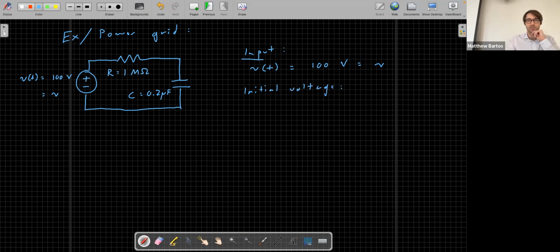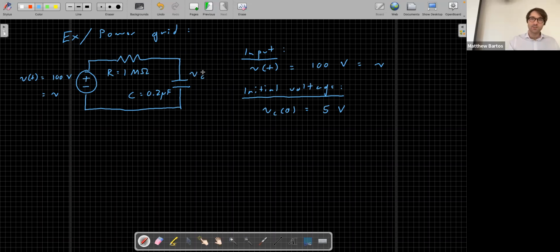The initial voltage in the capacitor at time 0 is equal to 5 volts. We're going to try to find the particular solution to this power grid system for a step voltage input. Our input to the system is the step voltage input. Our output that we're interested in is the voltage at the capacitor.